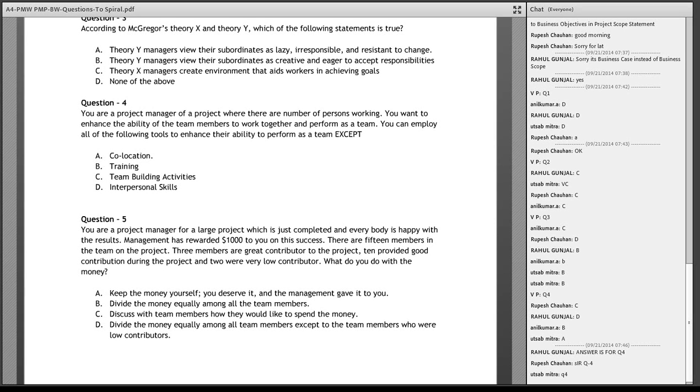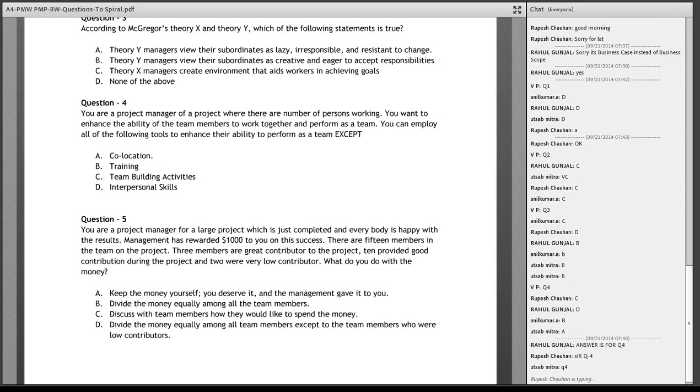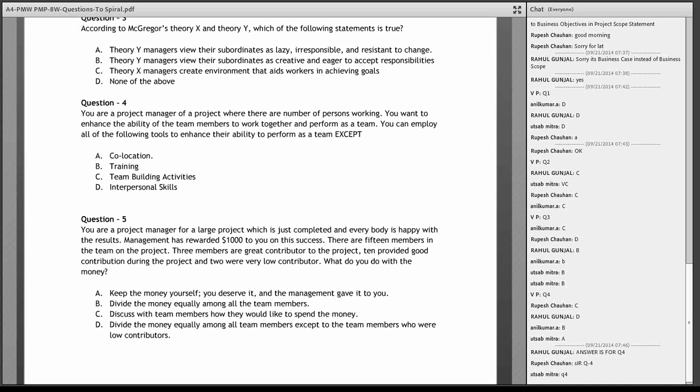because training helps individuals to develop their skills, while the other A, C and D help people to work together, right? And because the question is except, therefore it should be B, right?